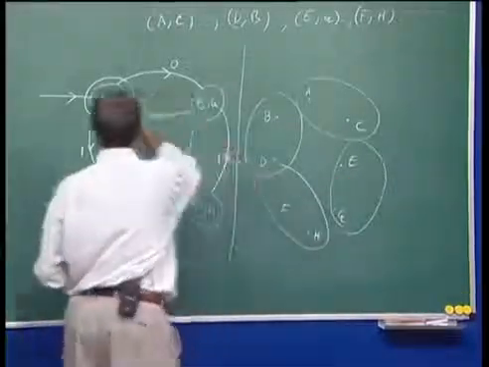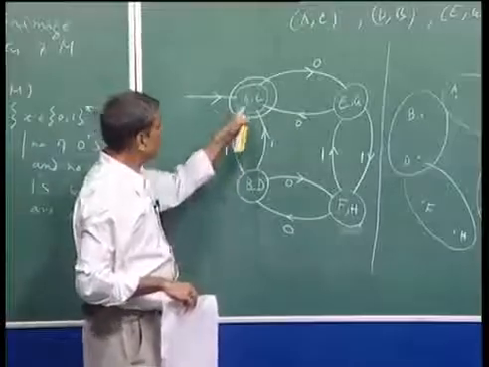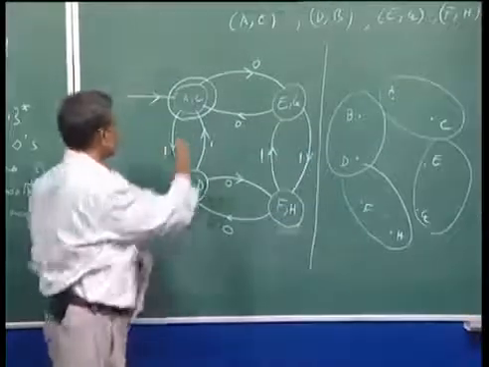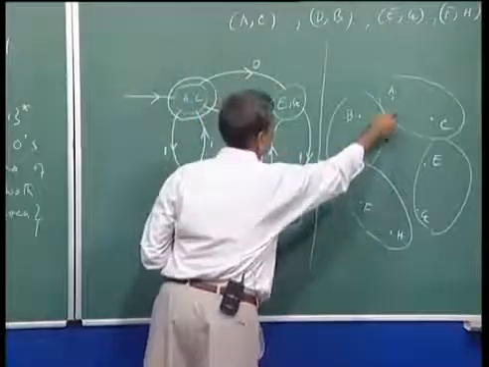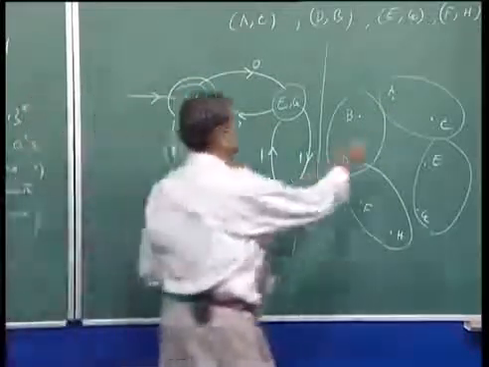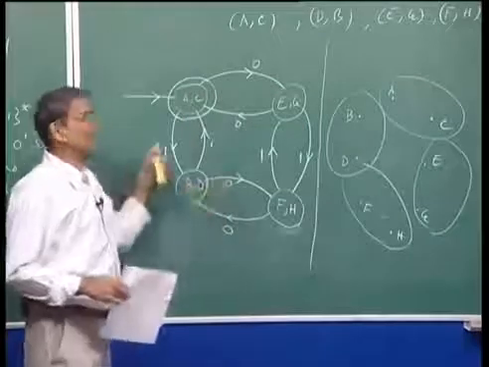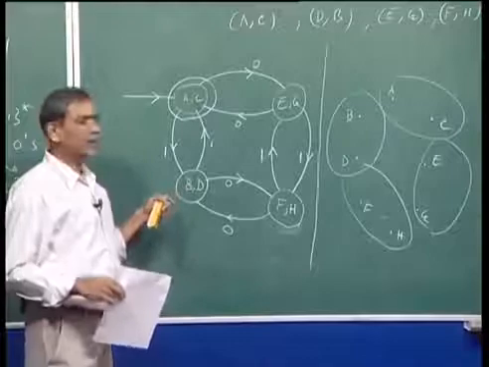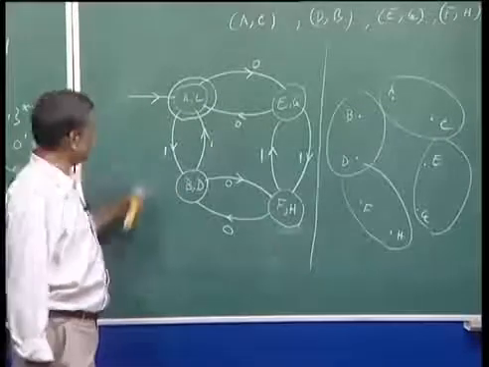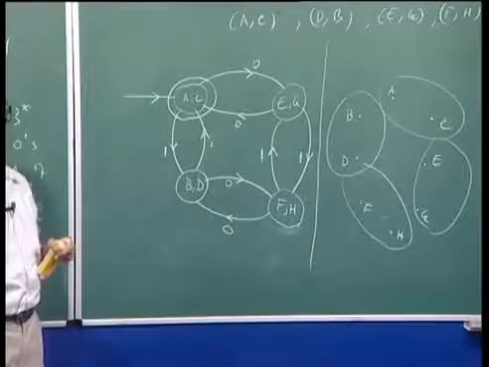Then you will have a machine in which every state corresponds to one of these equivalence classes, as AC here corresponded to this equivalence class. Then provide the transitions in the manner that we described, and finally remove any state which is not reachable from the initial state.